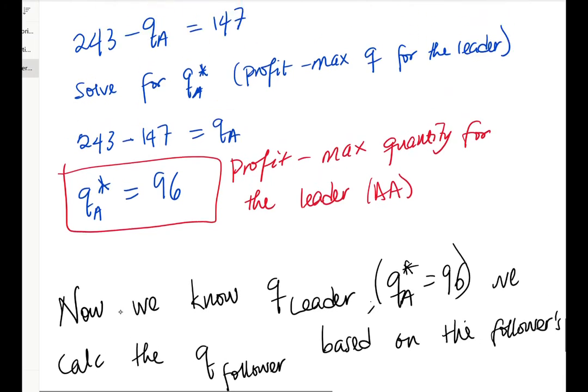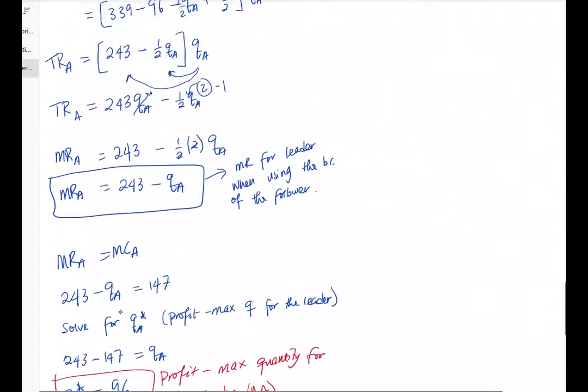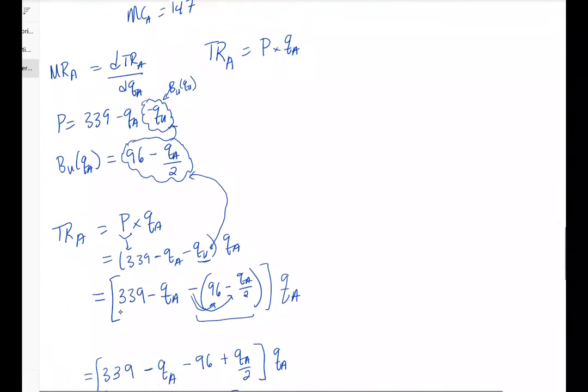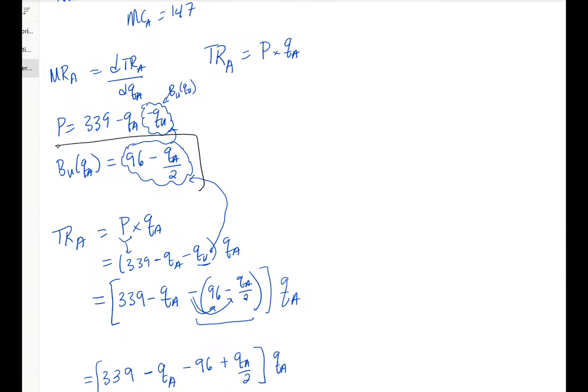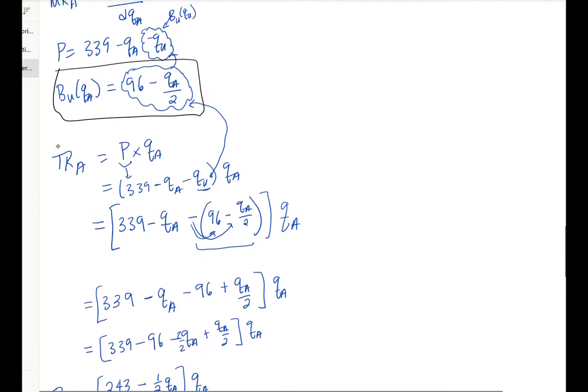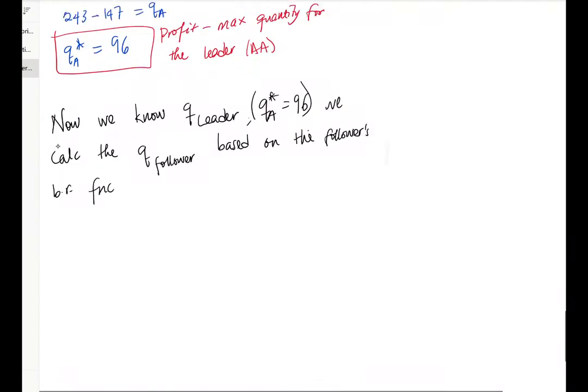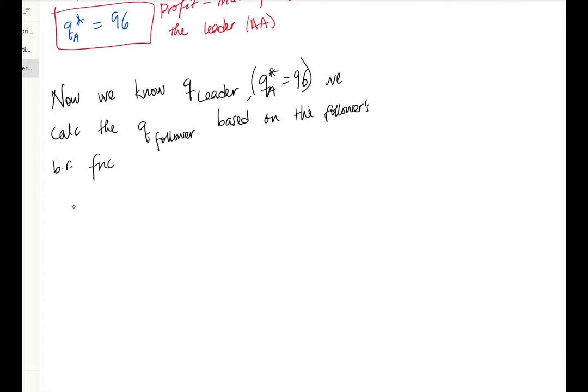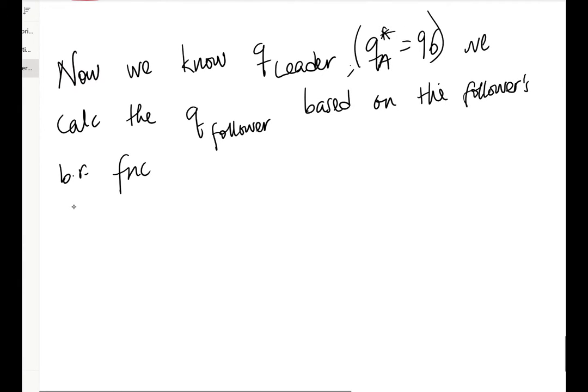We remember from our calculations earlier that the best response function for the follower, who is United, is 96 minus QA over 2. So Q United star will be equal to 96 minus QA over 2.